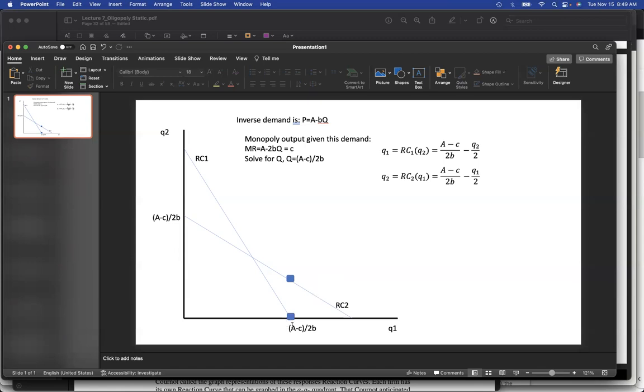But in this case, who wants to change? If Q1 is A minus C over 2B, ang expectation niya 0 ang Q2. Who wants to change? Firm 2. So therefore, hindi tama yung hula ni firm 1 na Q2 is 0. So that means hindi siya Nash equilibrium. Kailangan self-reinforcing yung hula ninyo.